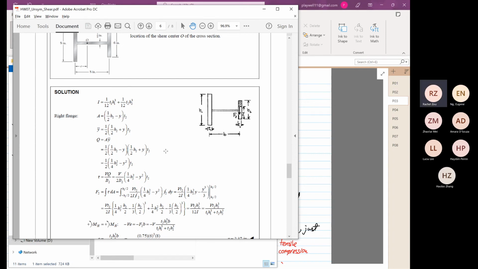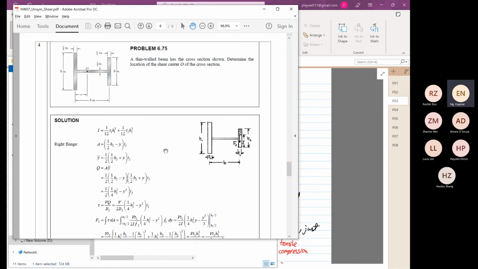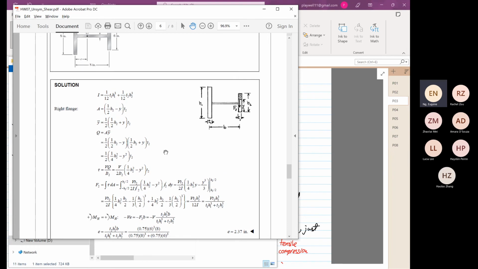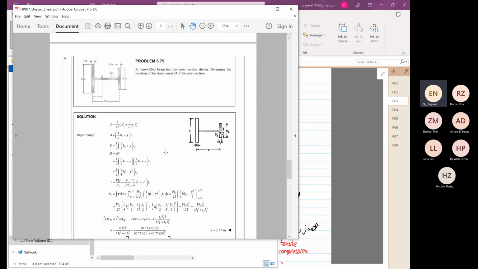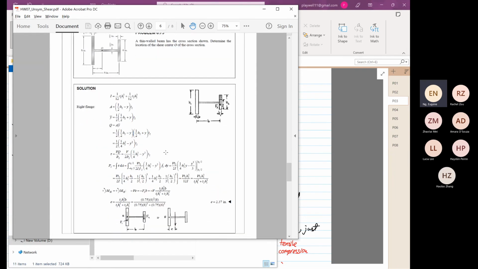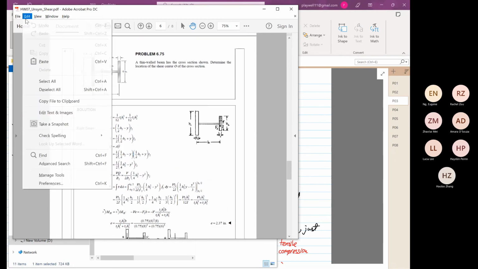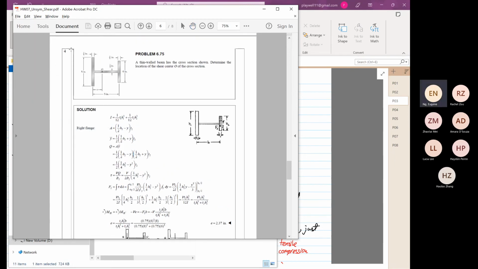It's when it's solving the area, like the second line, it says A equals half H2 minus Y. I don't know why either. As I said, these are just checkpoints. Don't try to figure them out. Use the method that I teach you. That's the best way. We'll take this whole thing again.